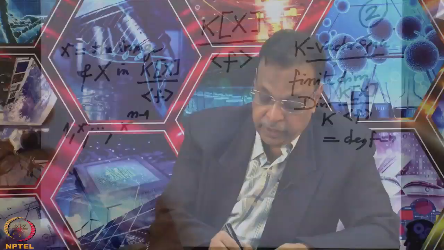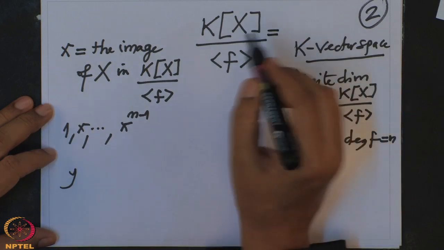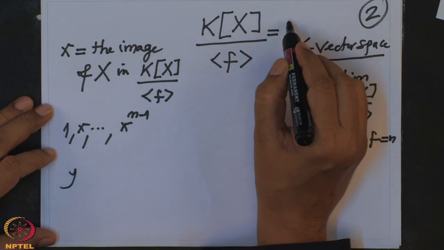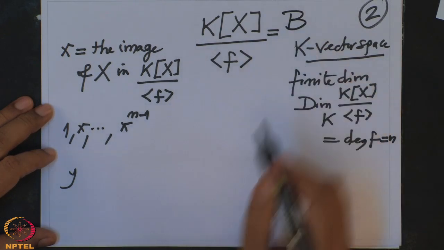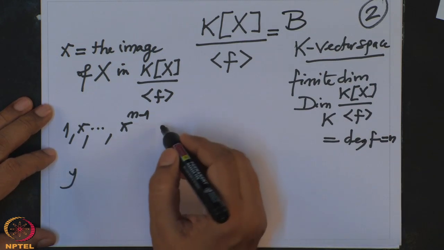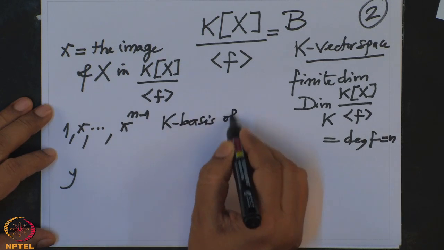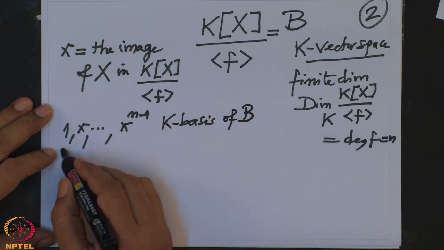Okay, once this is a basis, let us call this B. This B is a finite dimensional K vector space, and this is a K basis of B. This is what I will use.